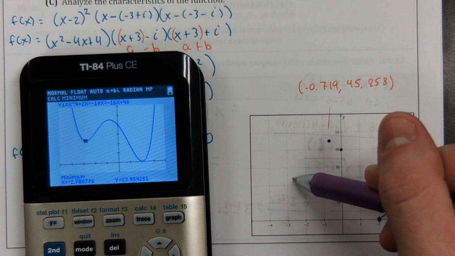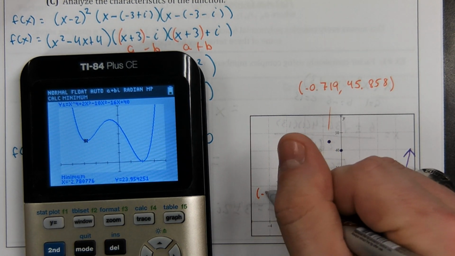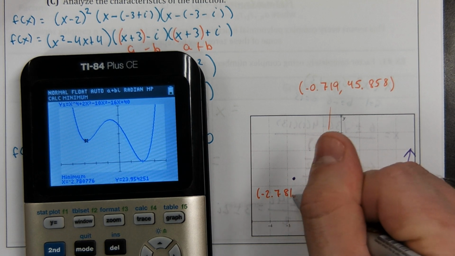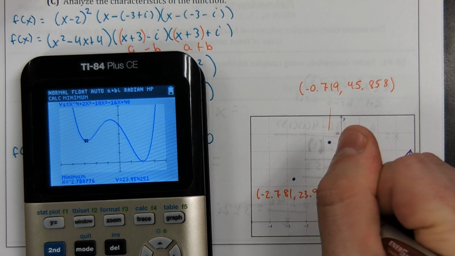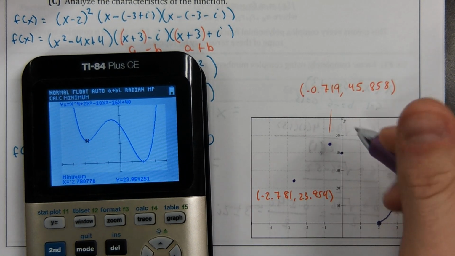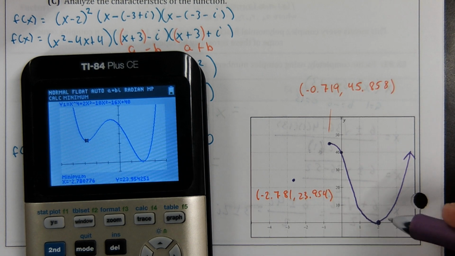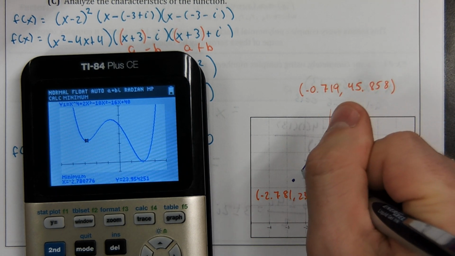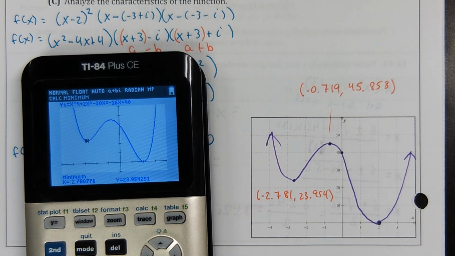So here-ish. And then it does that. There.